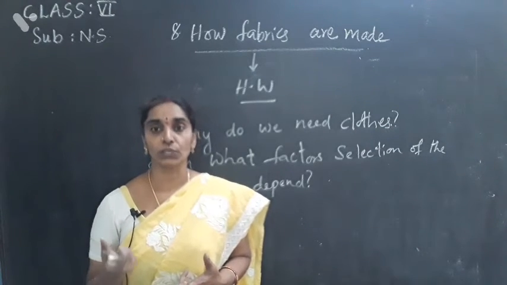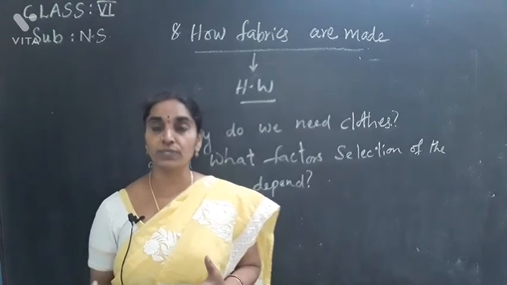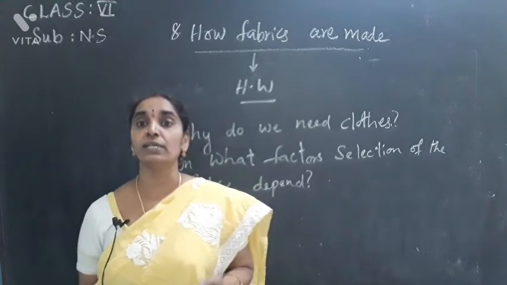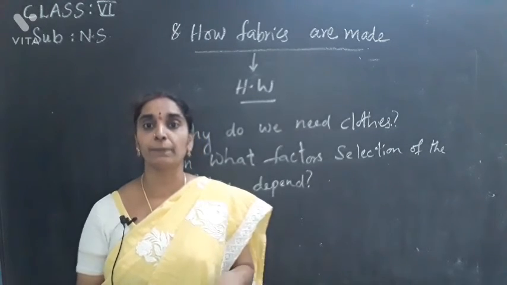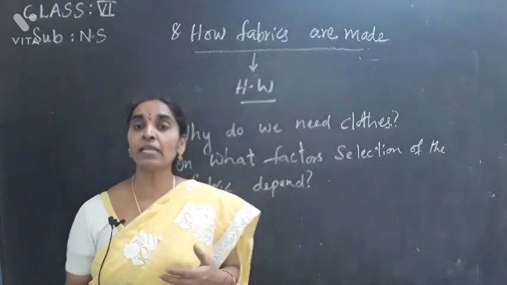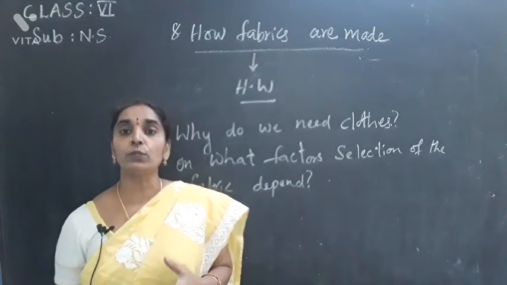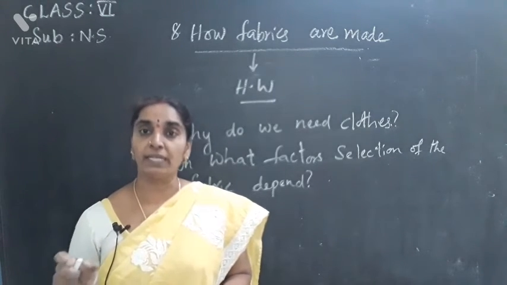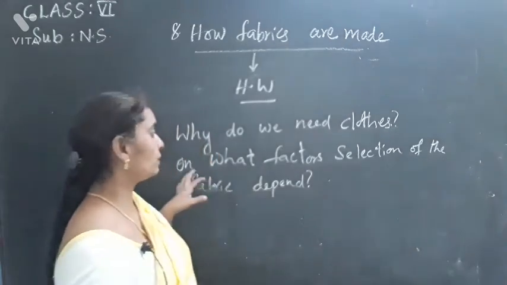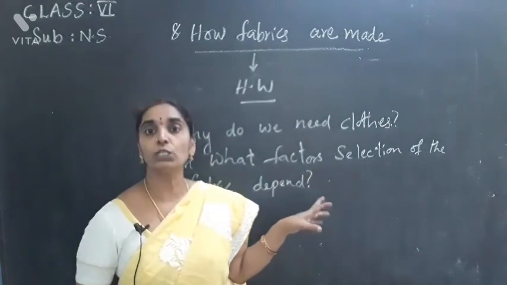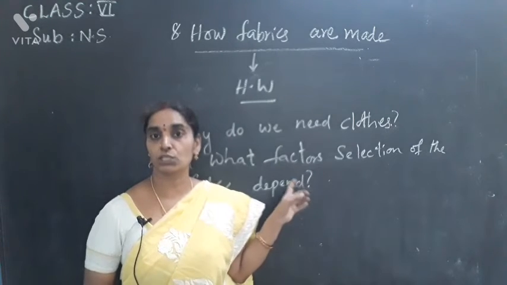Depending upon the usage, whether it is for regular wear, for mopping the floor, for curtains or for upholstery, you try to buy the type of fabric that is needed for that particular purpose. So these are all the factors to be considered before the selection of the fabric.